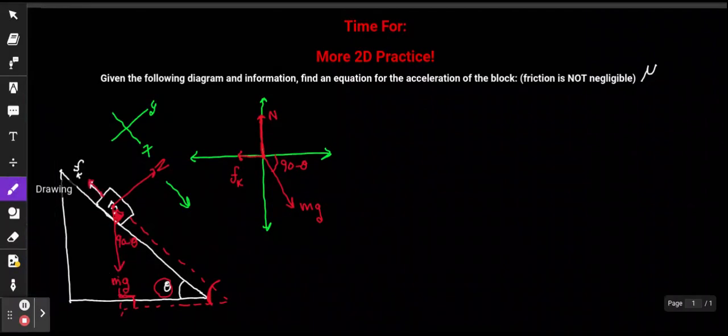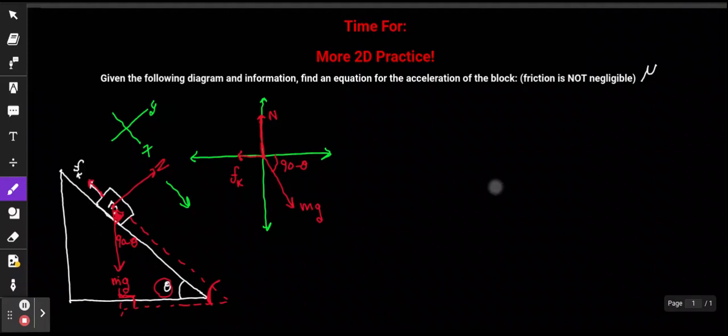Okay, so now let's take a look at our F-net equations in both the y component and in the x component. Since we have taken our y component as perpendicular to the surface of the incline, we know that our box isn't flying off the incline. It's just sliding down it. And this tells us that the net force equation in the y component must equal 0.